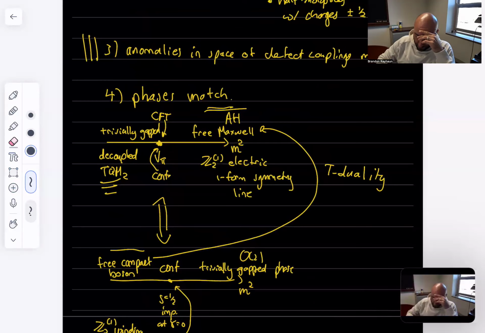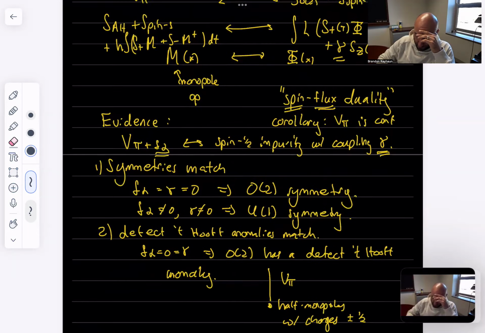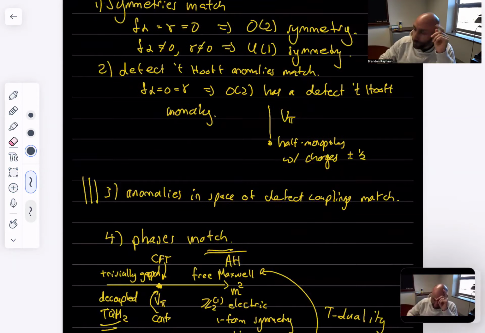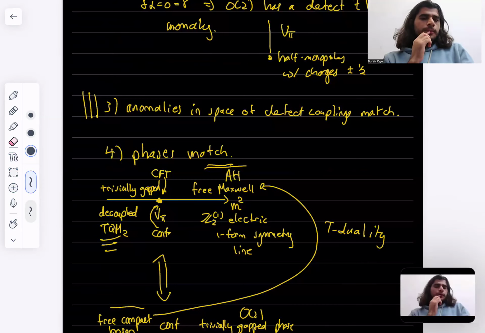So we didn't think about that case. Of course, to first order, you'll still have the same anomaly in the space of defect couplings. And I think you'll have the same defect 't Hooft anomalies as well. And the thing is, I don't know of a dual description of abelian Higgs with a charge 2 scalar.